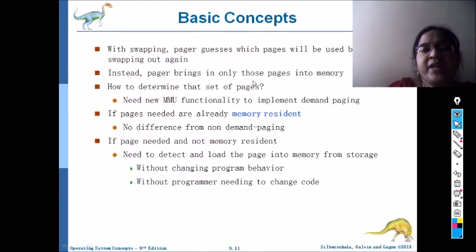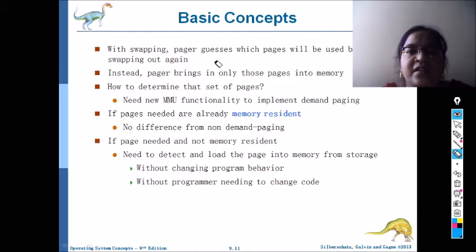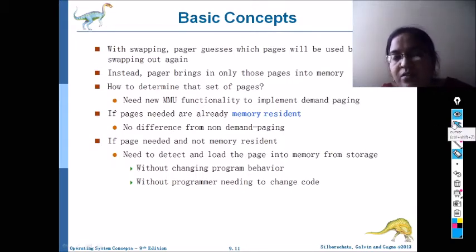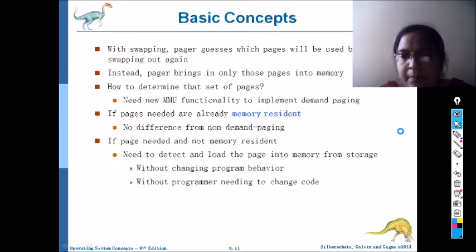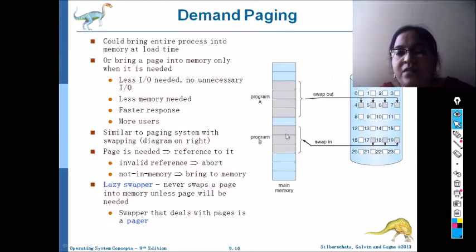Now the basic concepts we have to know about demand paging. As with swapping, the pager guesses which pages will be used before swapping out again. Like in the previous example, initially some pages of program A have been brought, and some pages of program B have been brought.